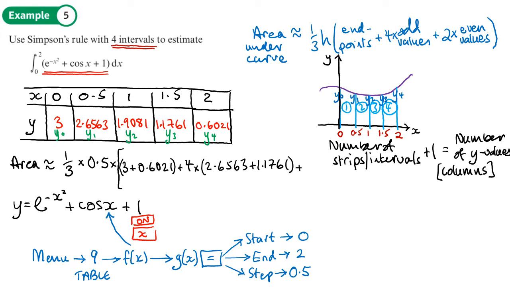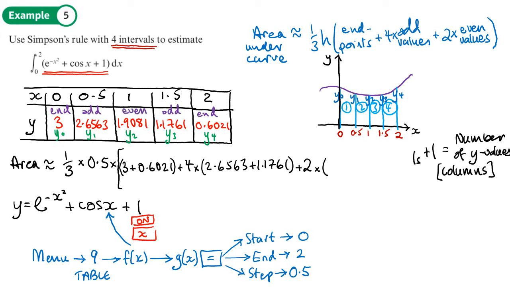Then plus 2 times the even values. Now the even values, those are y2 and, well, not y4 because that's the last one, so we don't include that one. So just y2. So maybe if I wrote down here, this one and this one is the end. Here's my odd. So the only even one is this.